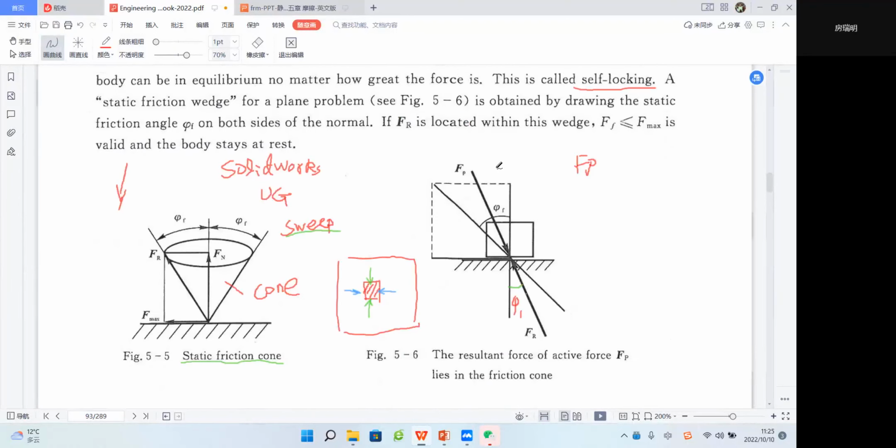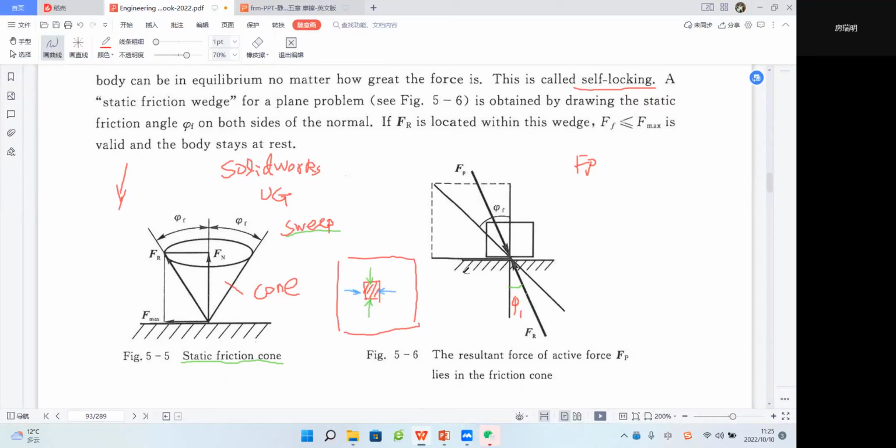So back to this. If this FP is always inside this cone, it can be in any direction, as long as its intersect angle with Fn or the normal line is less than phi F. As long as it's inside this cone, it will always be in the state of equilibrium.